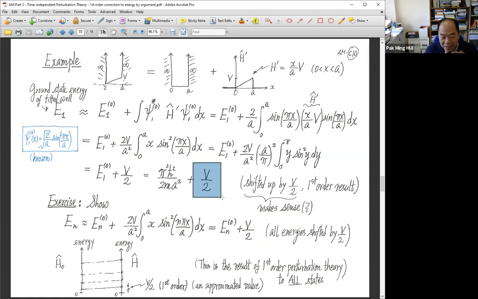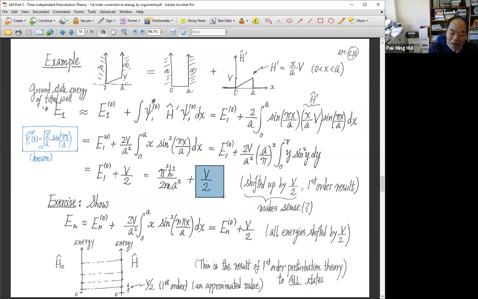So that is to say, for this order, the energy is what we get for the ground state energy of the flat bottom well, shifted up by V over 2. Well, I think that is what you guess, right?